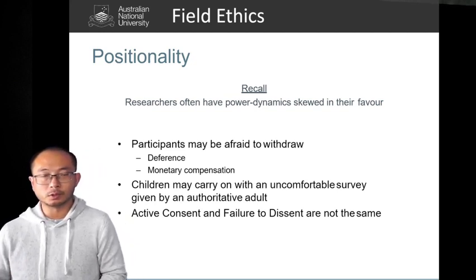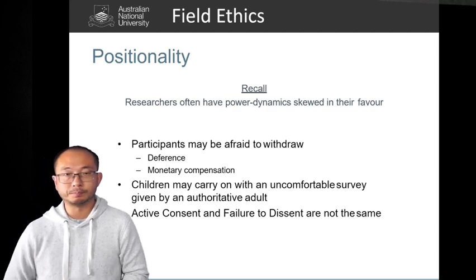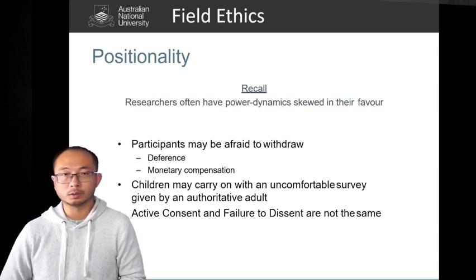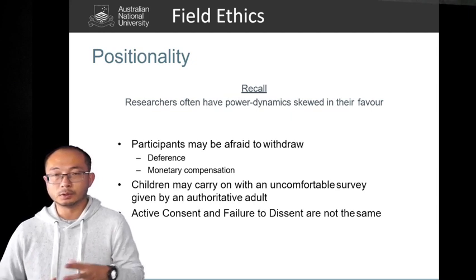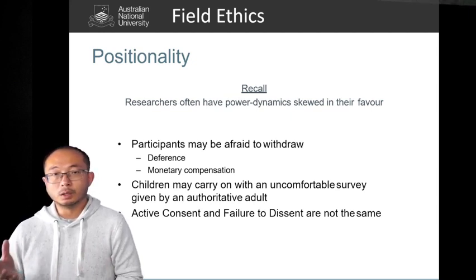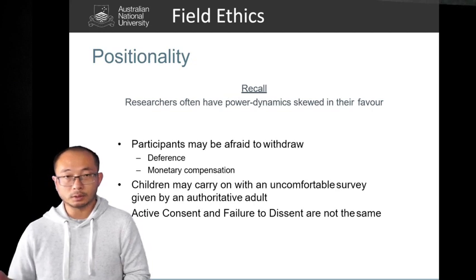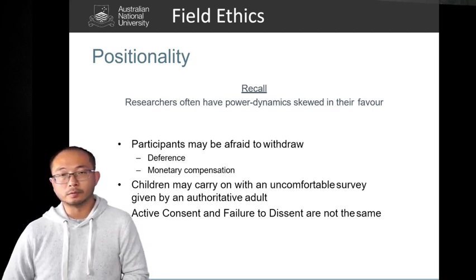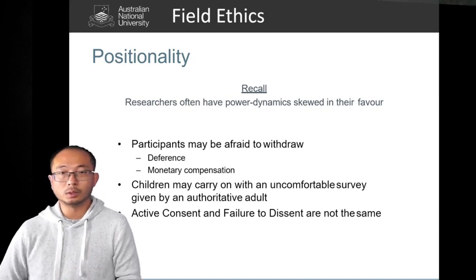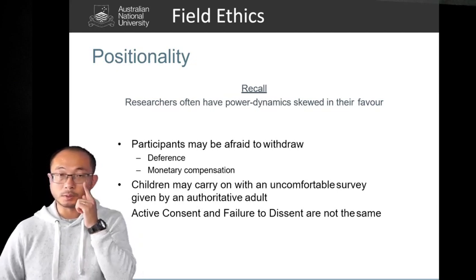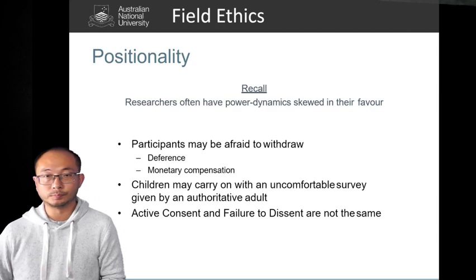The failure of the researcher to read the signs is not an excuse. Active consent, yes, and failure to dissent, the inability to say no, are not the same. Failure to dissent is not consent.